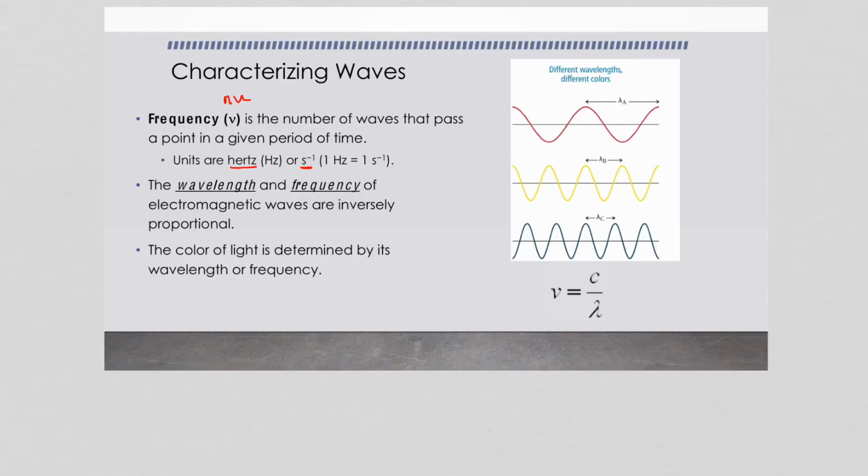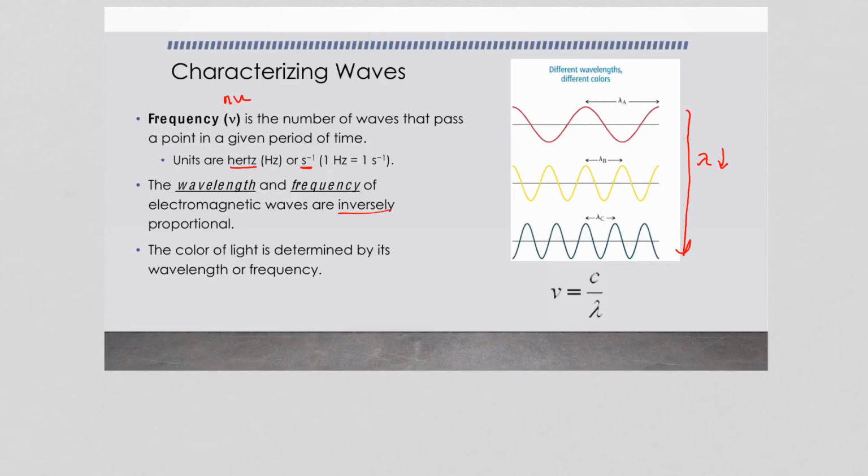Now, one thing that we want to understand is here, as we adjust the wavelength, as the wavelength becomes smaller, so as you go down here, what we should see is that the frequency is going to become higher. Right? So the closer the waves are, the more that we're going to see in that same given period of time. And so what we say is that the wavelength and the frequency are inversely proportional.